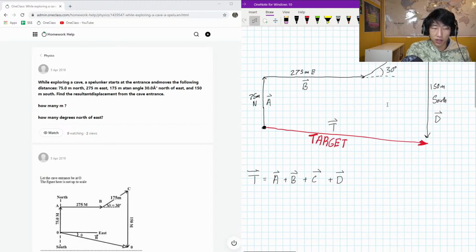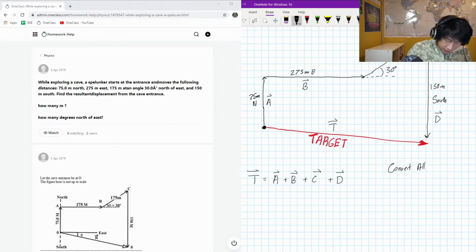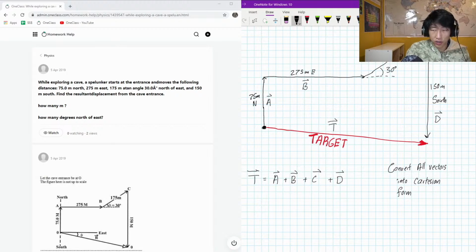That means we need to convert all vectors into Cartesian form. Essentially, Cartesian form is i and j with the unit vectors.